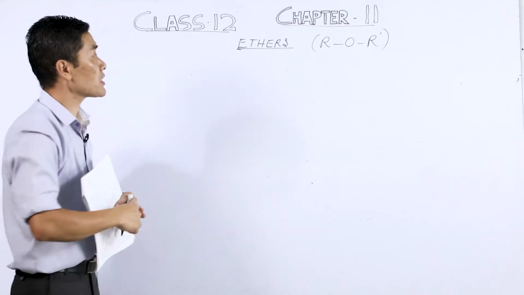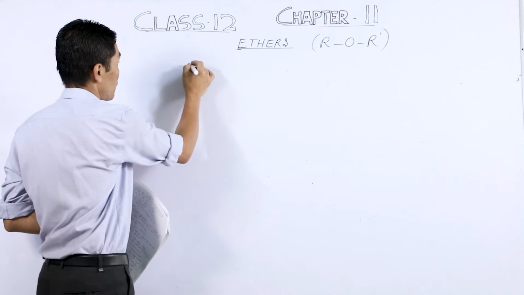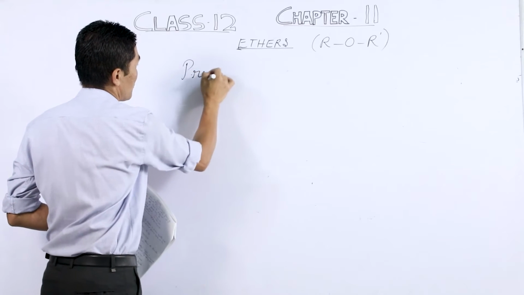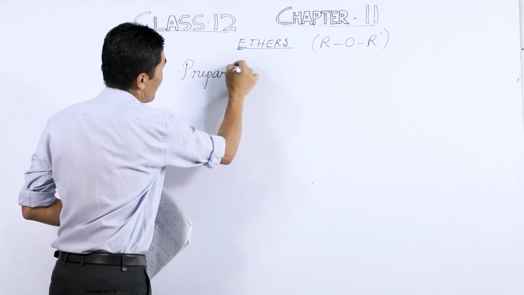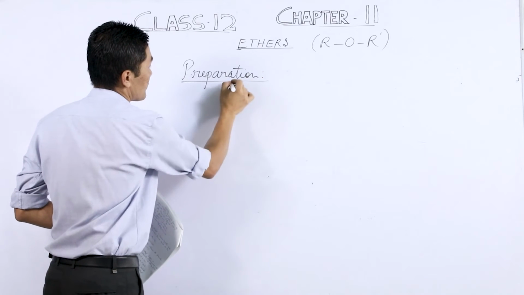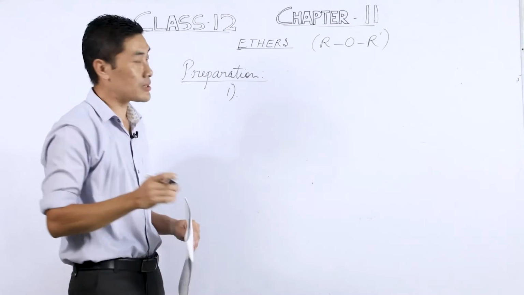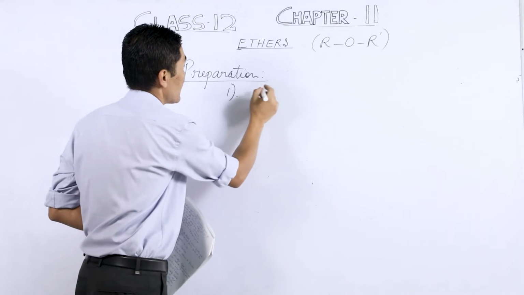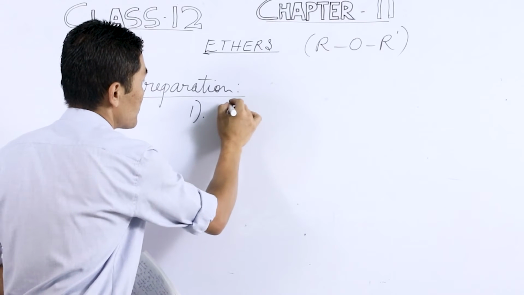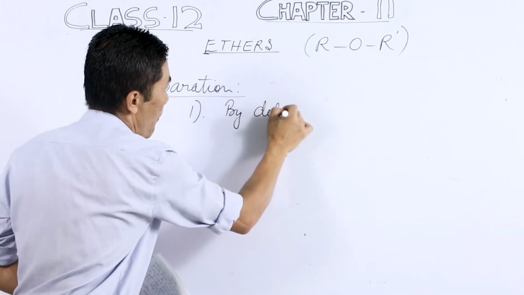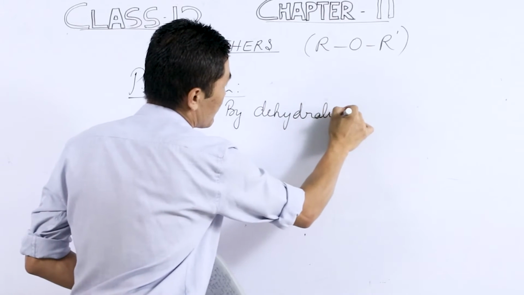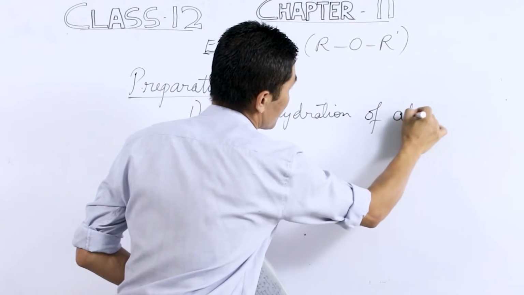Now let us see some methods of preparation of these ethers also. The first method for preparation of ethers is by dehydration of alcohols.